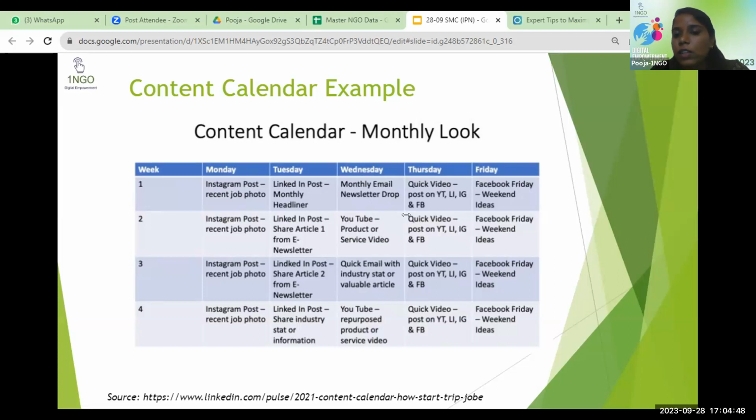In these 8 posts, what I could give is maybe a beneficiary success story, or the activities that the NGO is conducting, or a donation request where you are asking for help for your organization to help a child, or maybe for an environmental cause.